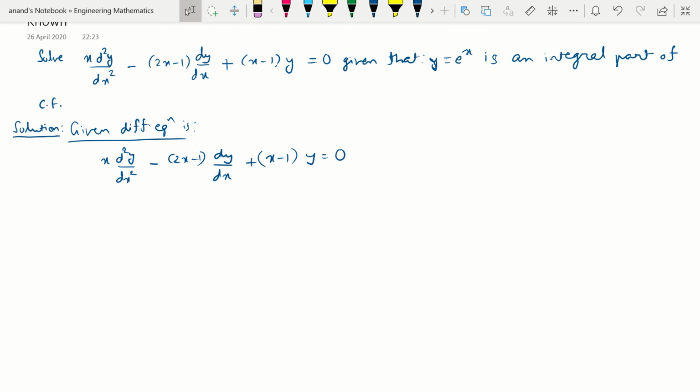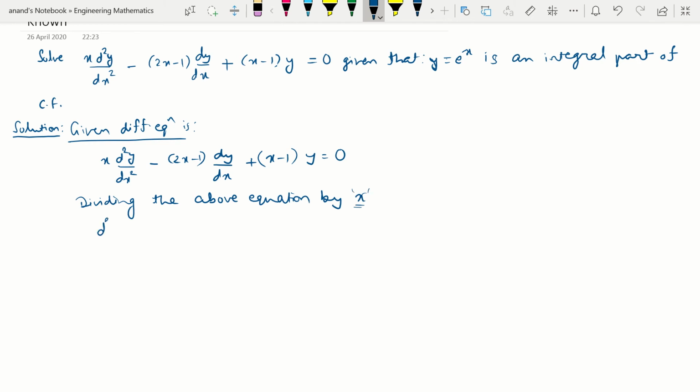To convert into standard form, we divide the equation by x.